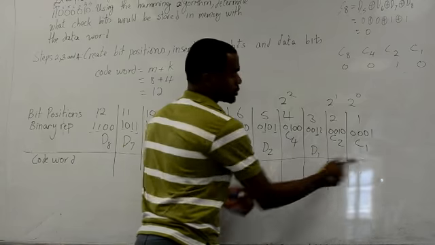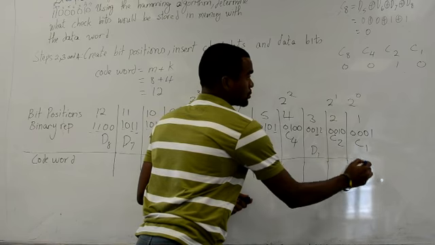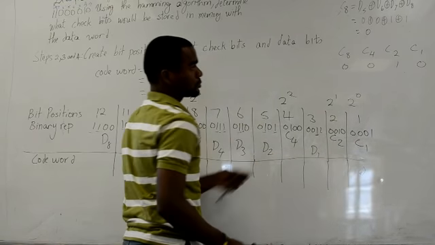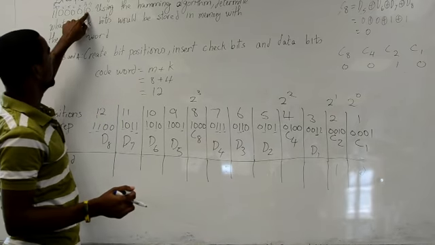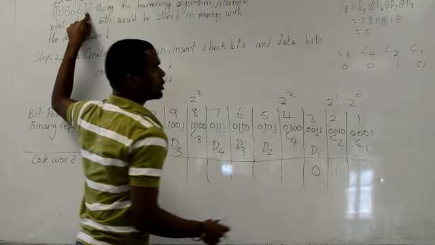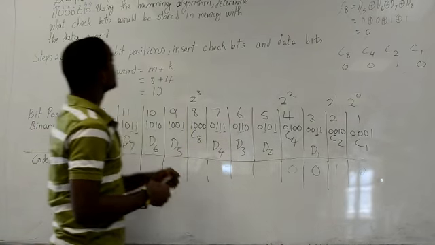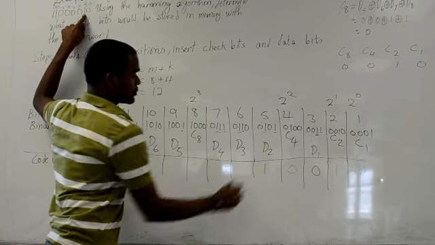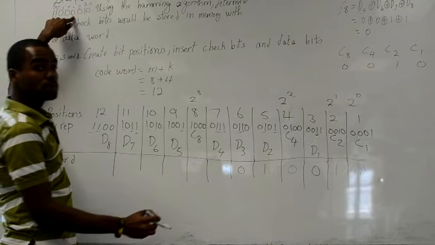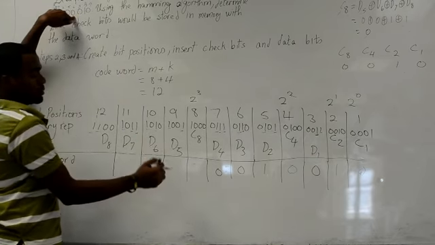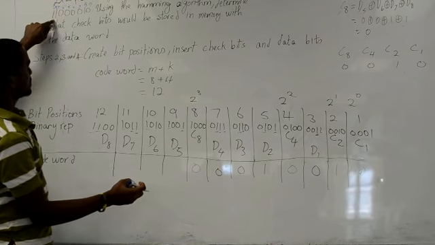So in this position, we're going to put our check bit 1, which is a 0, our check bit 2, which is a 1, our data bit 1, which is 0, our check bit 4, which is a 0, data bit 2, which is a 1, data bit 3 is 0, data bit 4 is 0, check bit 8 is a 0, and 5, 6, 7, 8.